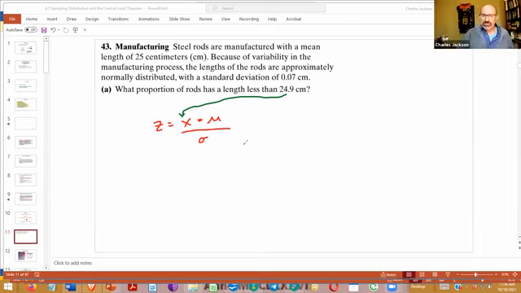Now, let's change the problem. And this little move here is going to transition us from 6.3 to 6.5.